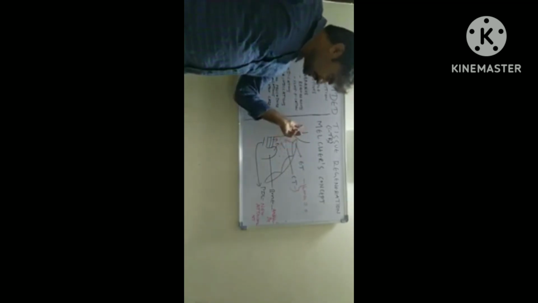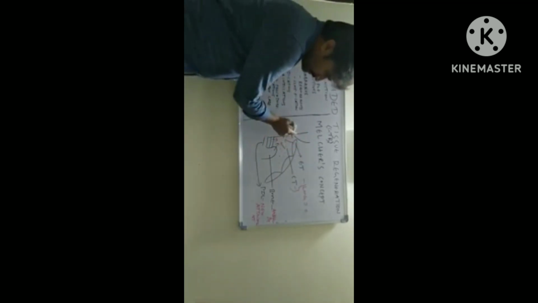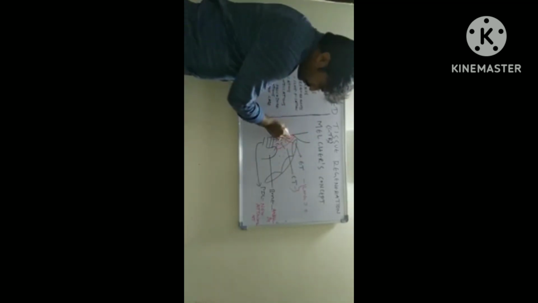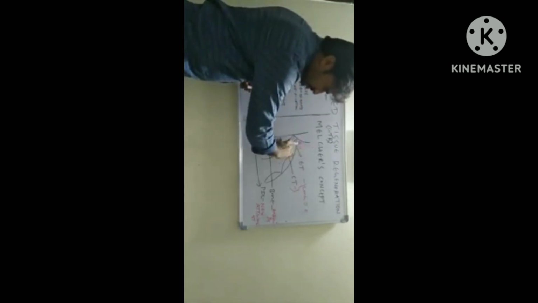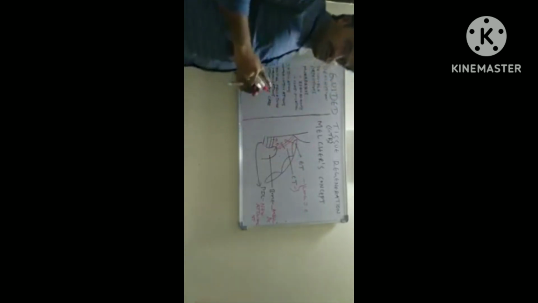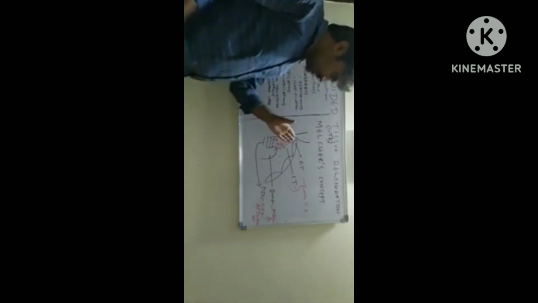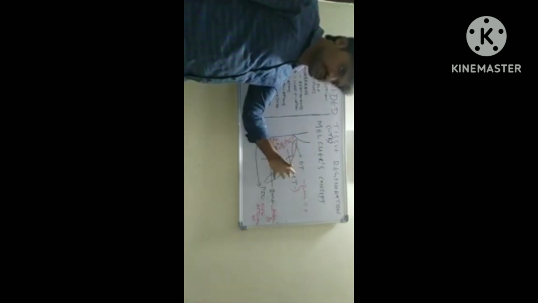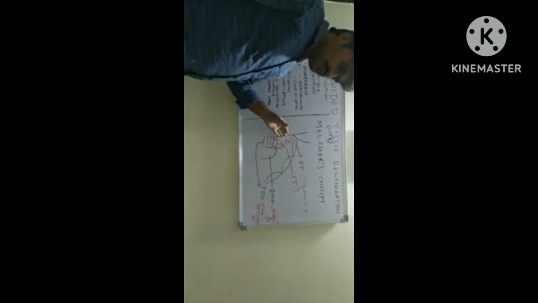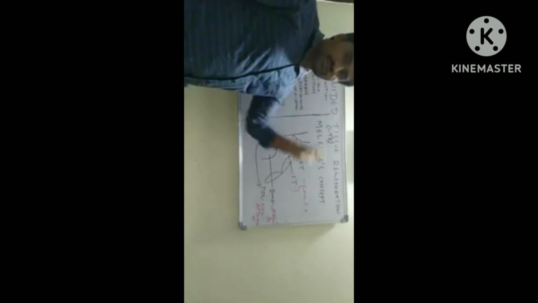So if there is no GTR membrane in between this, we will place the GTR membrane here. Okay, in between the gingival tissues and defect area. That will separate gingival epithelial and connective tissues away from the defect area. So if there is no GTR membrane in between, then the fast growing epithelial and connective tissue cells will automatically repopulate this defect area, forming long junctional epithelium.